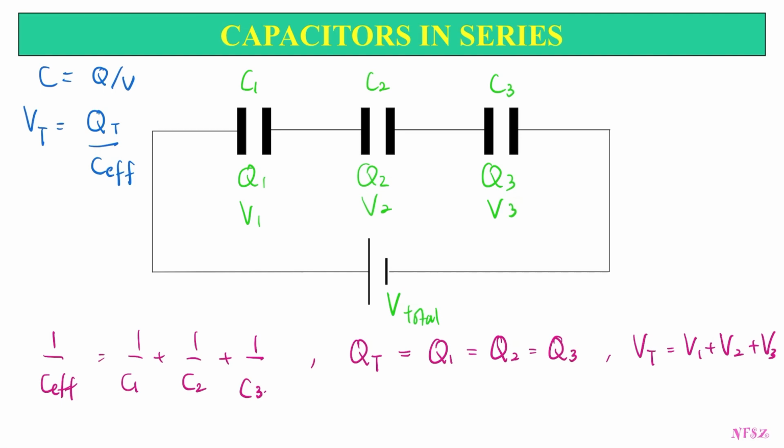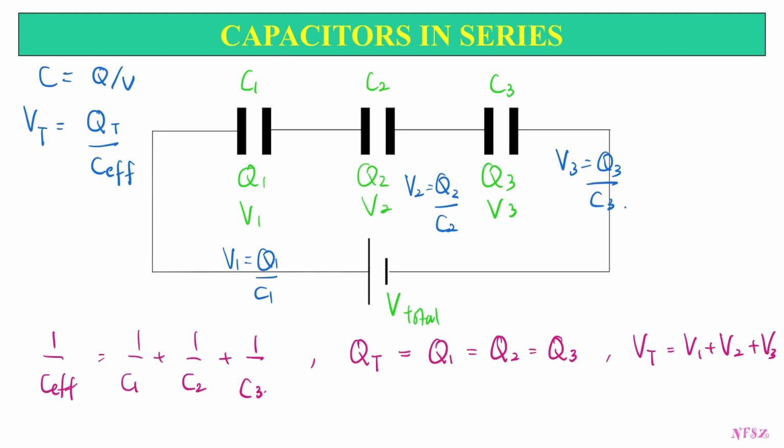Okay, if you want to calculate V1, then V1 equals Q1 over C1. V2 equals Q2 over C2, V3 equals Q3 over C3.